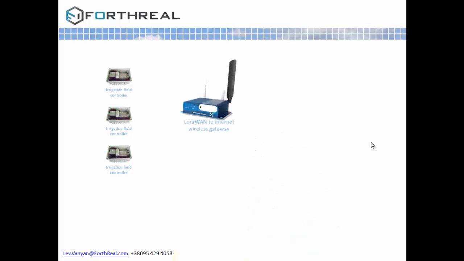The second one is the LoRaWAN to Internet Wireless Gateway. It is used to capture data from the irrigation field controllers, process that information, and send further to the higher order system. It works both ways.